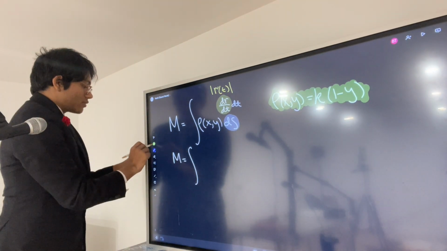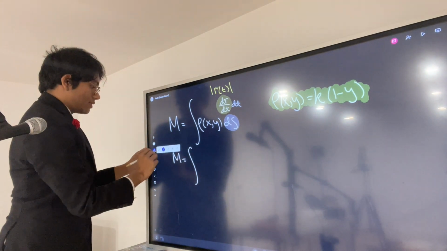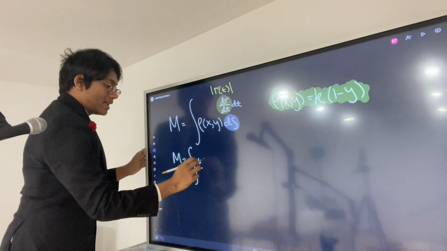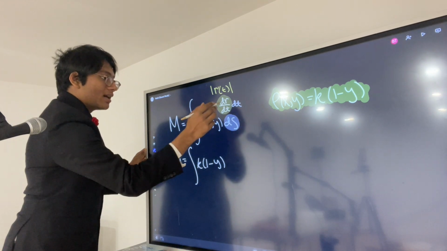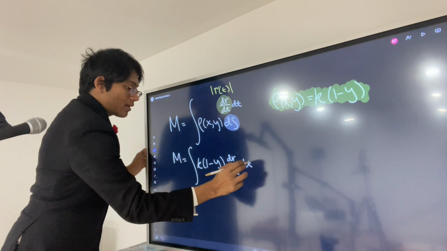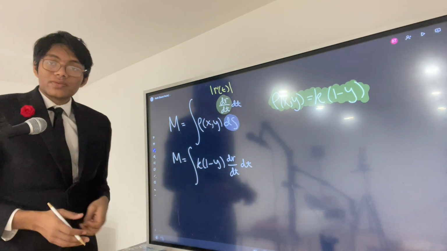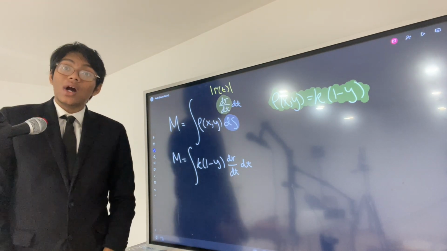So instead of rho of x, y, I'm going to have k, oh, that is an awfully big highlighter, k times 1 minus y, times dr dt times dt. Okay, well, y, what is y? I'm integrating with respect to t, so obviously I can't have any y's here.